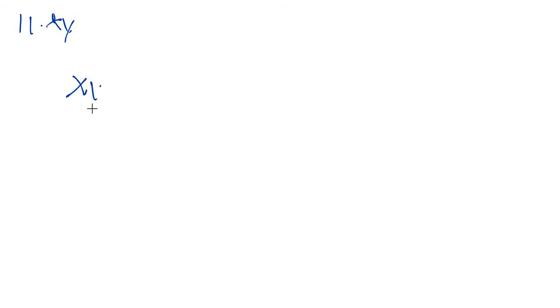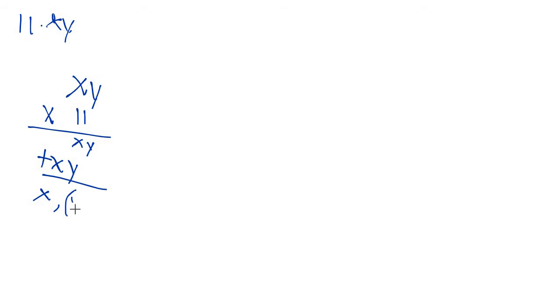So xy times 11, and this is not to be confused with an x. So let's just start multiplying. And when we're done, we end up getting x. The first digit is x.